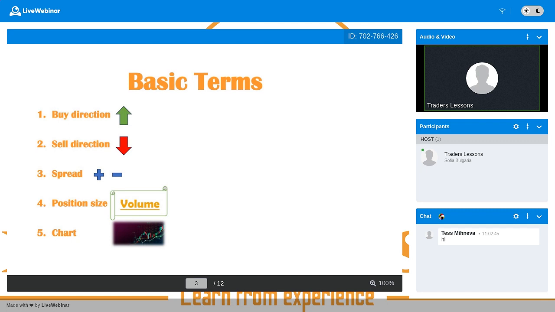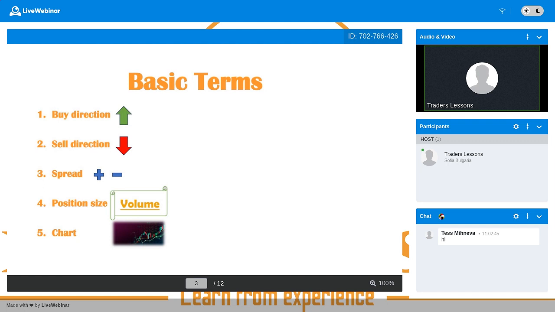So the main idea of trading is to work on world events, to work on the financial market by buying when you're expecting the price to go up, selling when you expect the price to go down, and furthermore to get more involved in the specifics and the bits and pieces of every trading platform.